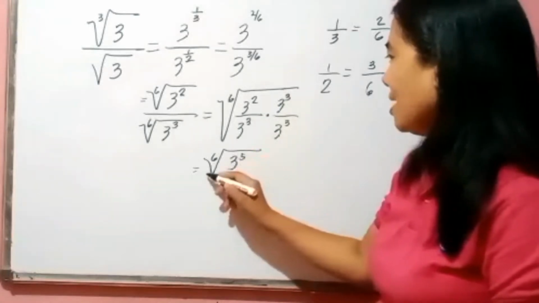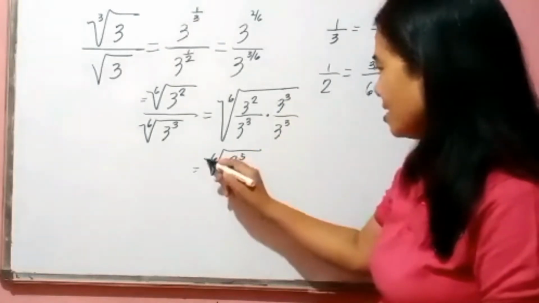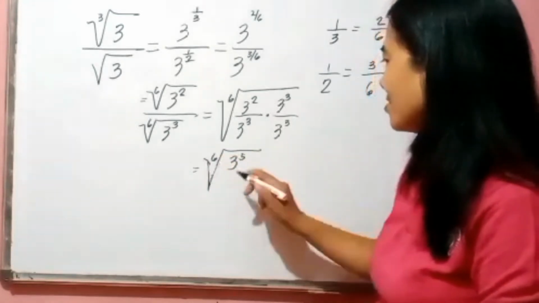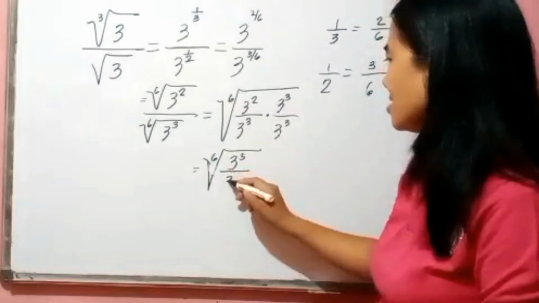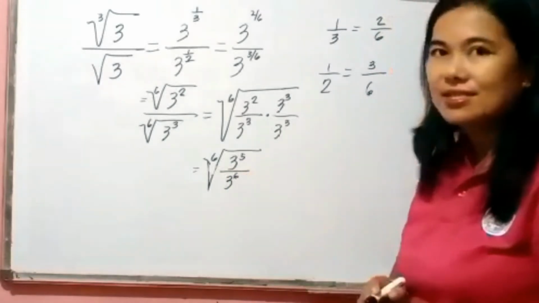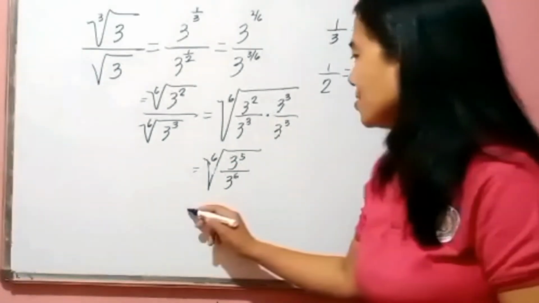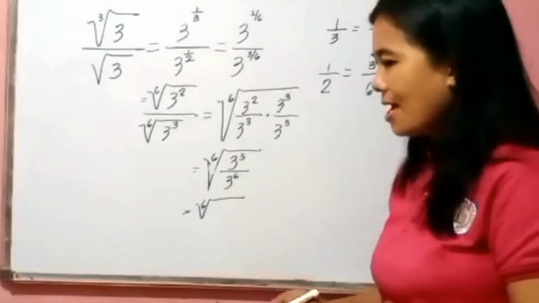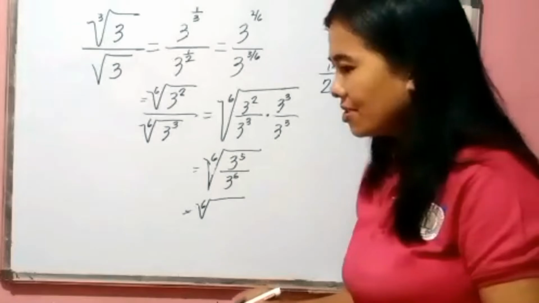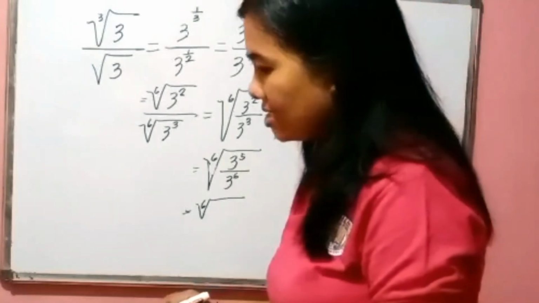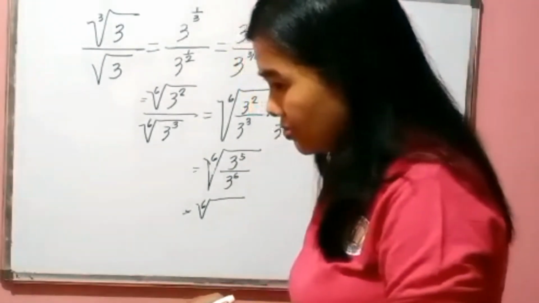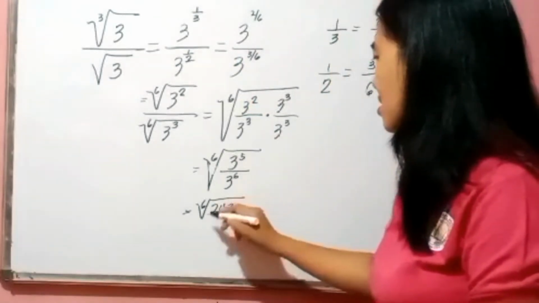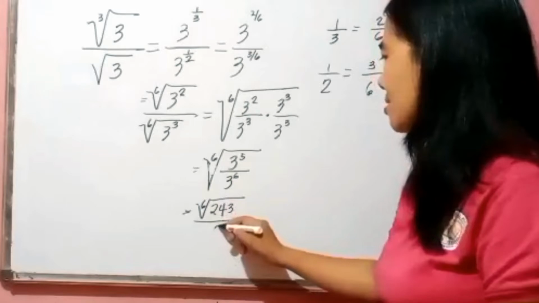Yung sa baba is 3, 6. Okay? Ano ba yung 3 to the 5th? Sige na. Hanapin mo muna yung 3 to the 5th. Okay? Is it 243? Yan. Tapos, labas mo na yun.